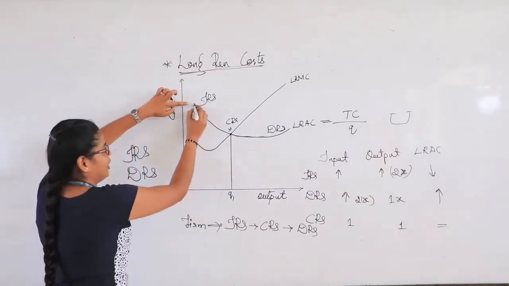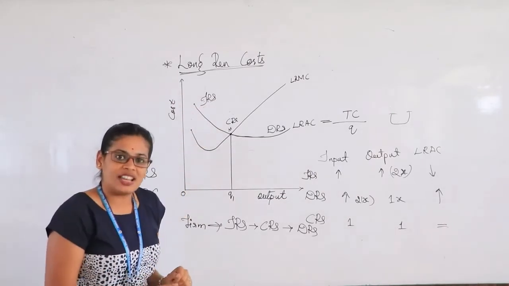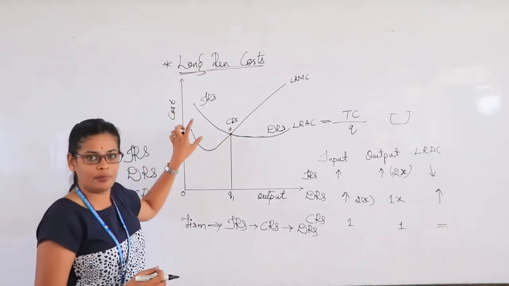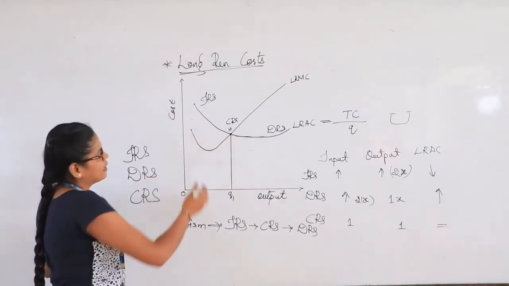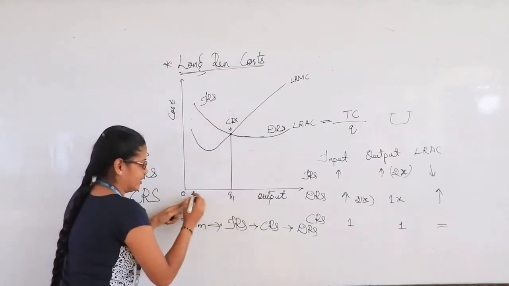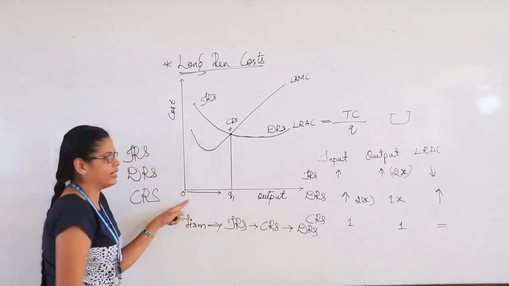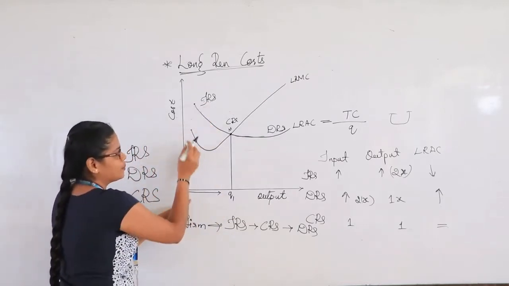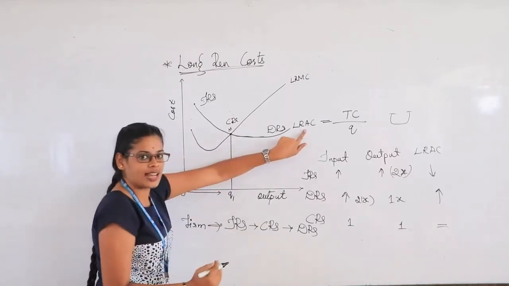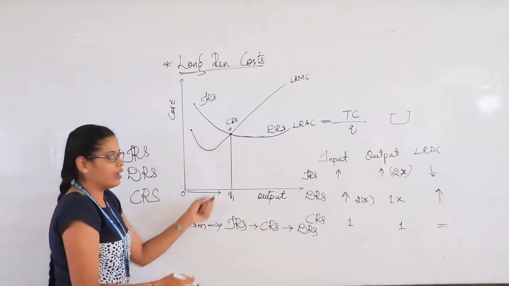See, at the beginning, both the marginal cost and the average cost of the long run are the same, okay? As you go on increasing the quantity from 0, it starts falling. Similarly, as average cost starts falling, even the marginal cost will also fall.